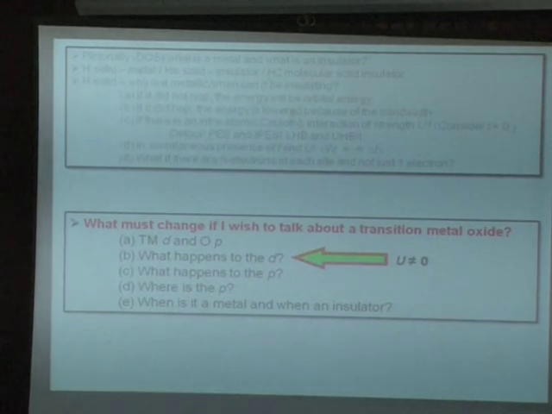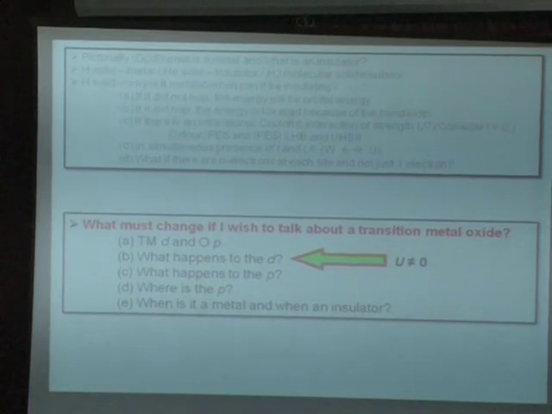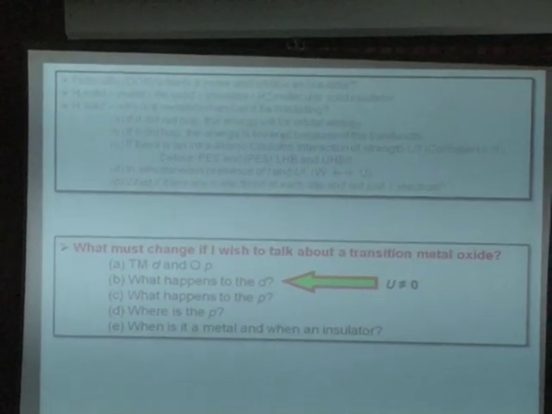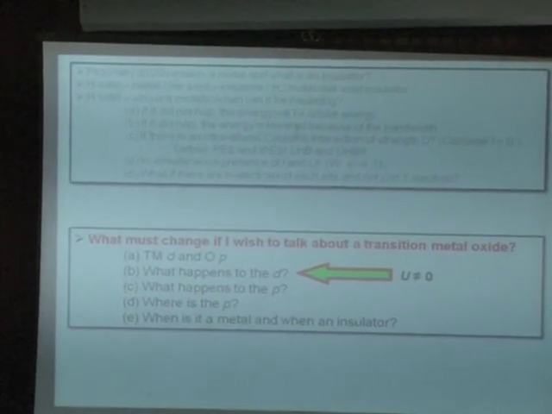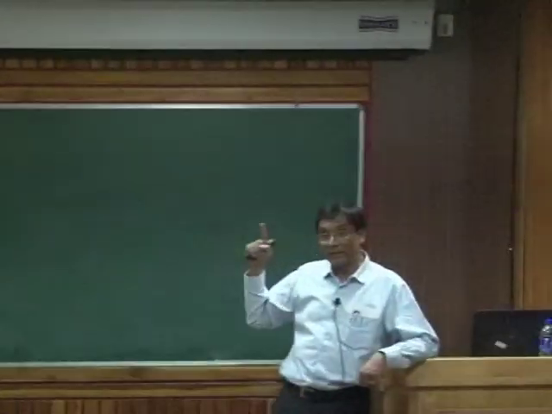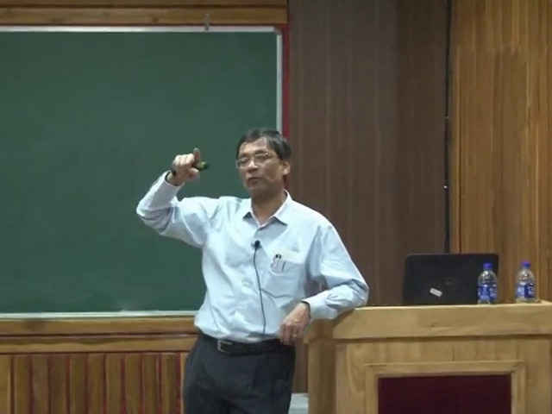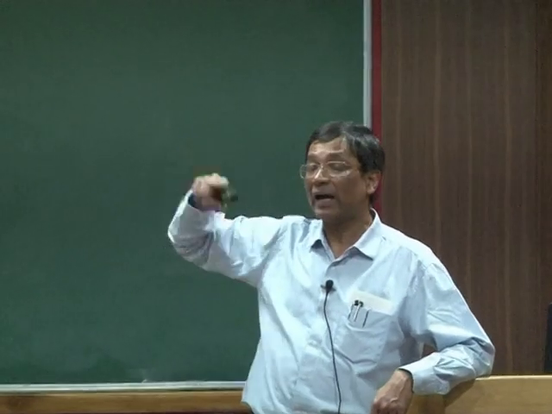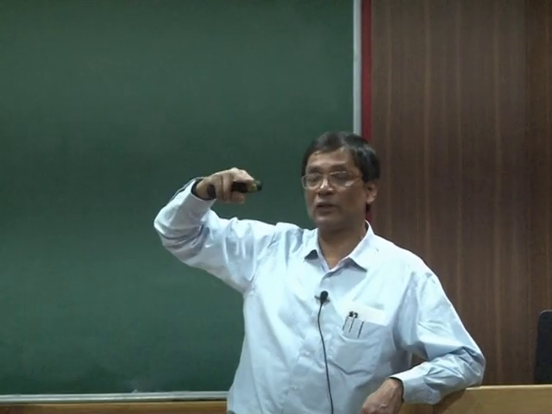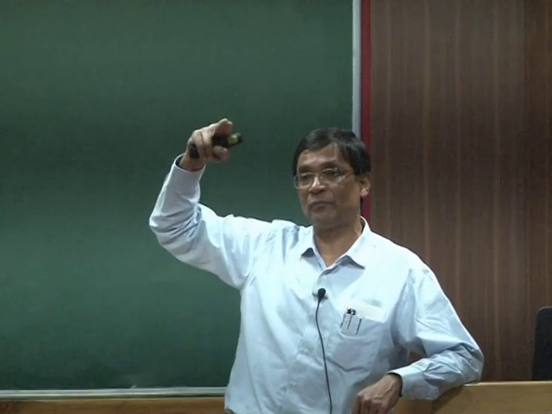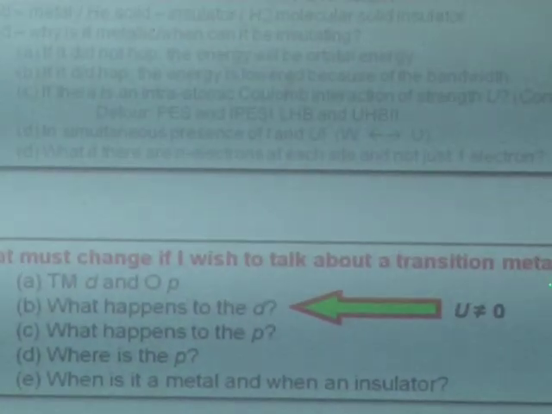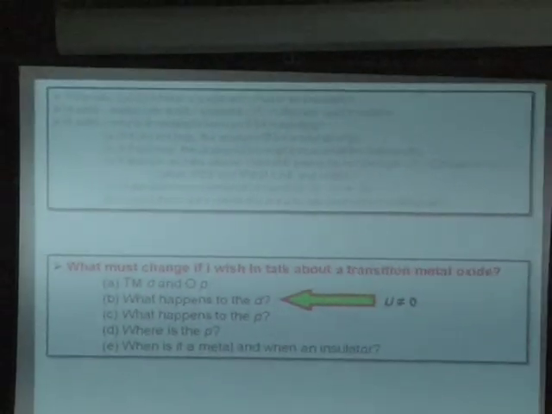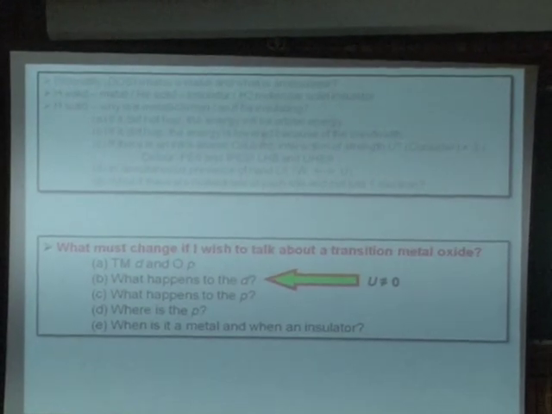Remember, if U was equal to 0, if electron-electron interaction was 0, every problem is a hydrogenic problem, and then SPD would have exactly the same energy. It is the Coulomb interaction that distinguishes them, and that Coulomb interaction strength is larger as you go from SP to D to F, and that's what pushes up the energy of P above S, D above P, and F above D. And that's why in the transition metal D, the Coulomb interaction is very important, so we'll not ignore it and keep U not equal to 0.